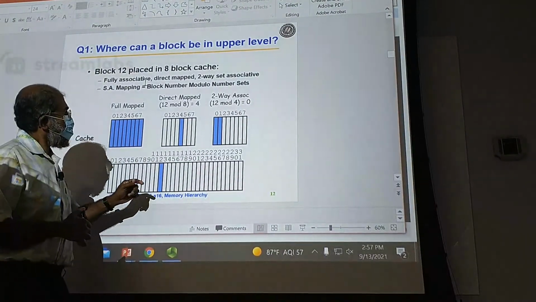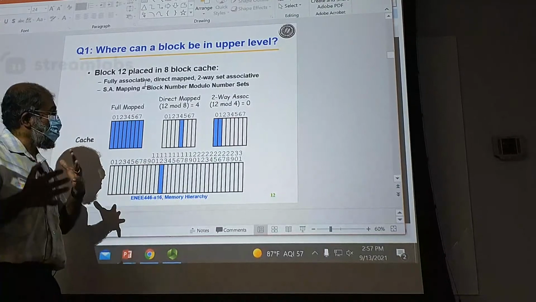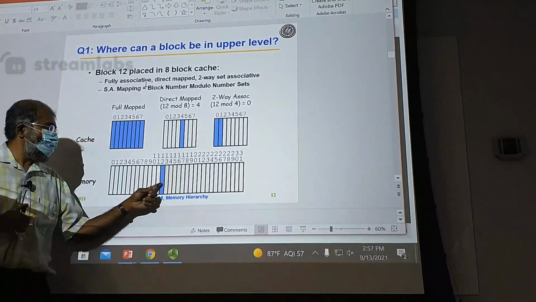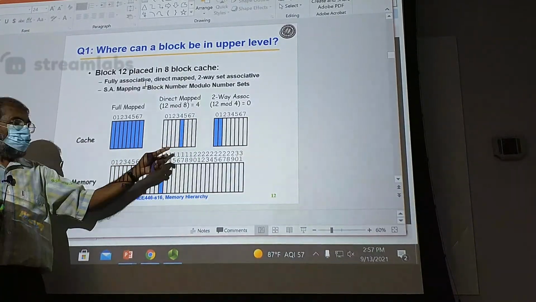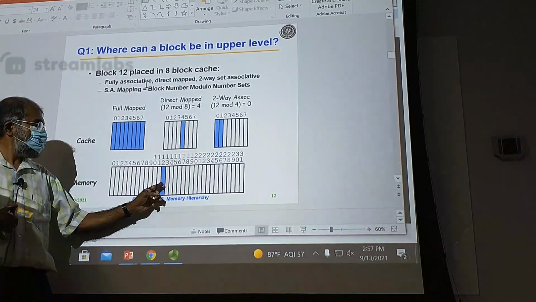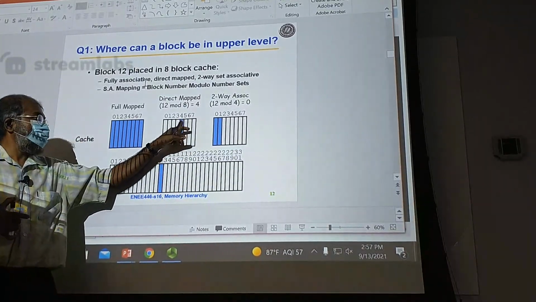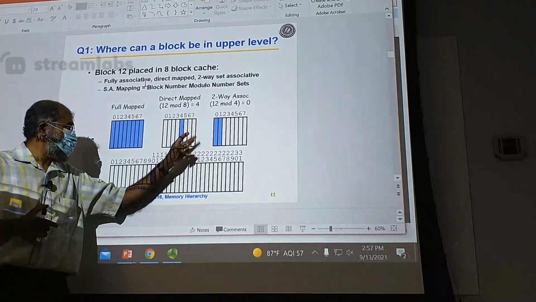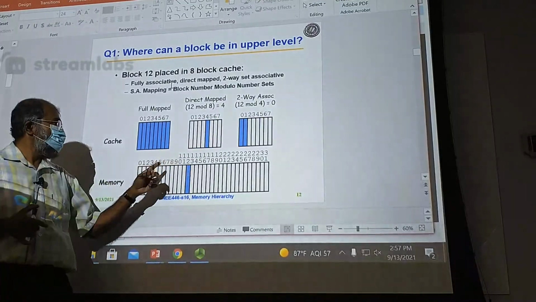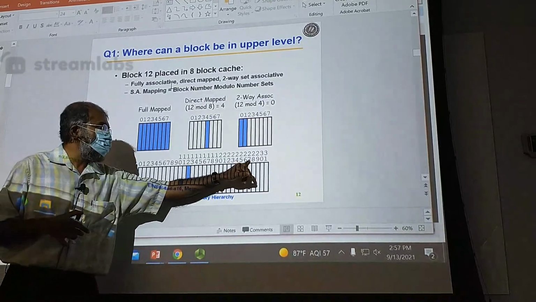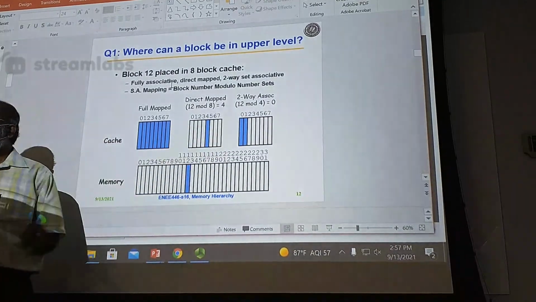But the drawback is there is a potential for more conflicts. You see, block 12 would map there, block 20 would also map there, 28 would map there, 4 will also map there. So there are 4 blocks, 4, 12, 20, 28, that can all map to that frame.